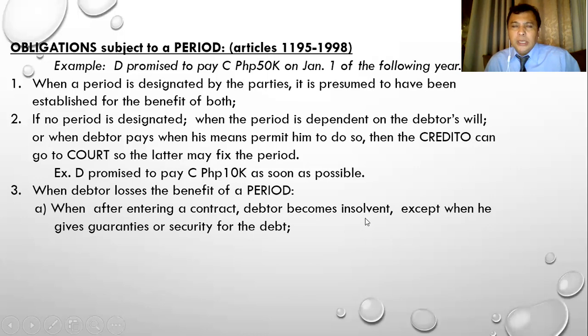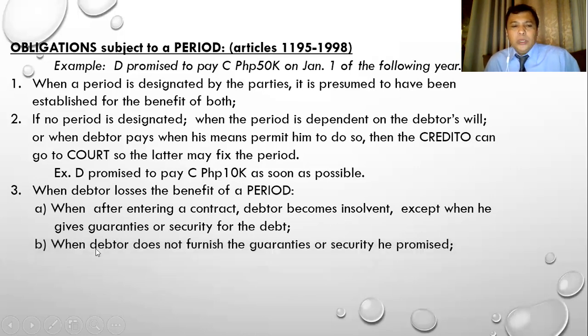Insolvent person meaning he has few assets left, not enough to pay his obligation. Except when he gives guarantees or security for the debt. So the debtor must give guarantee in order that he will not lose the benefit of a period.